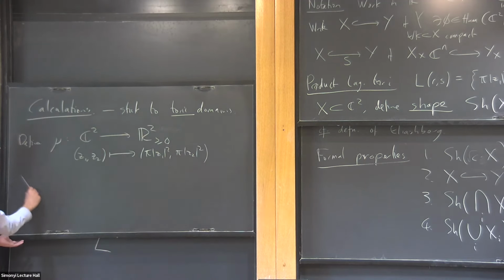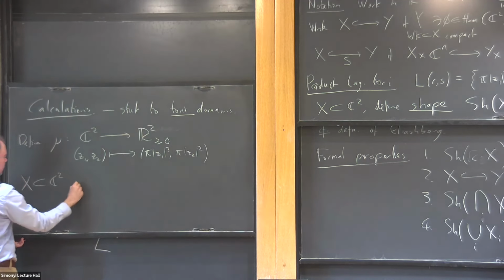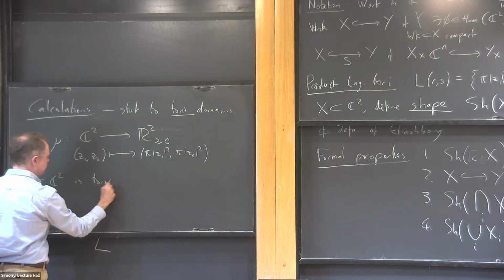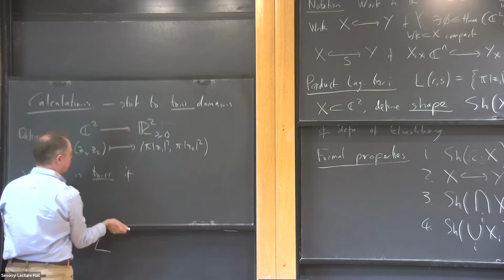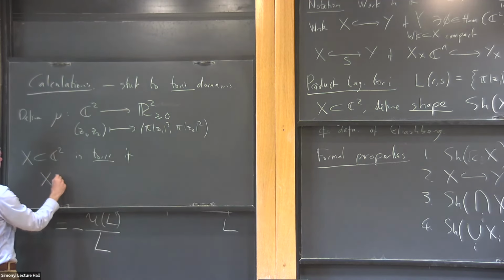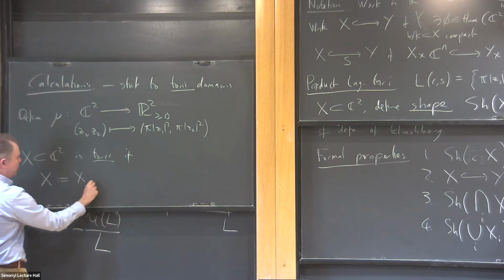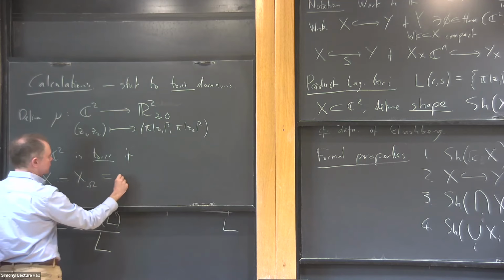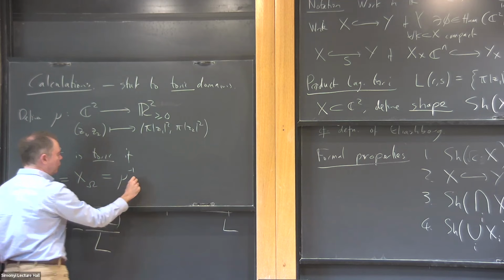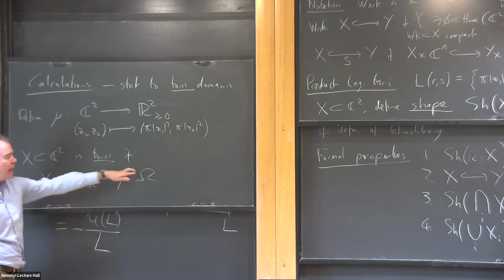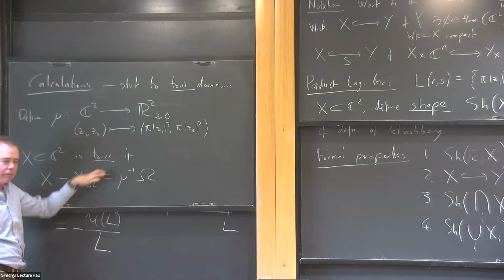And then we say that X in C2 is toric if X, sometimes written X omega, is the pullback of some subset omega under the moment map.